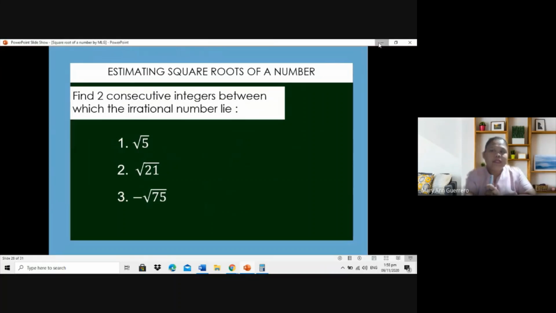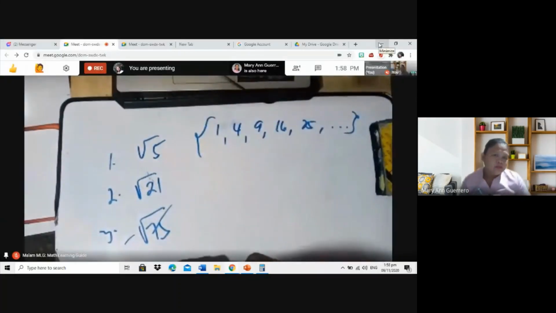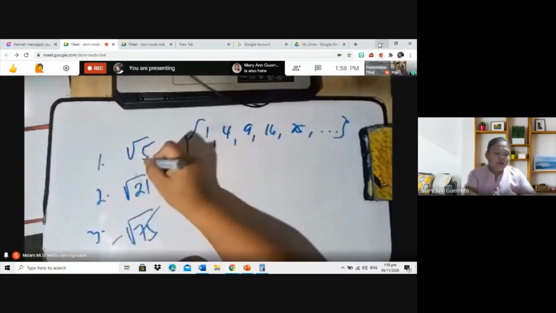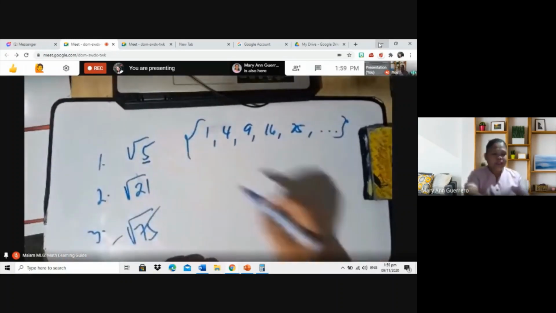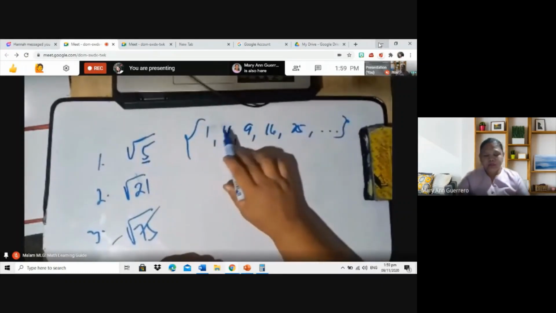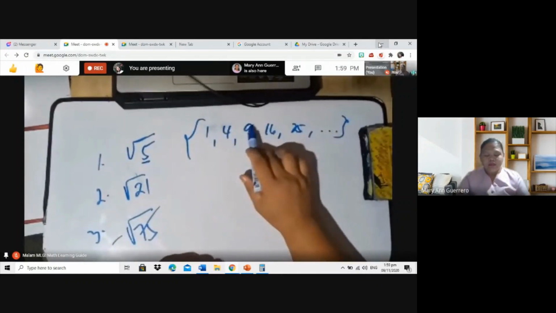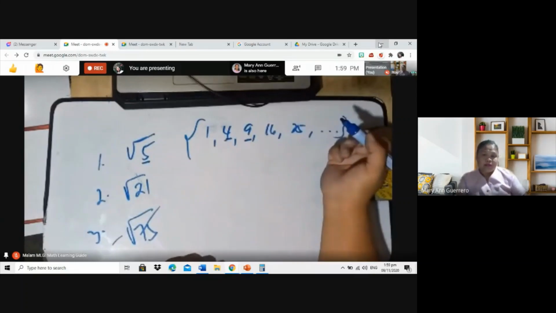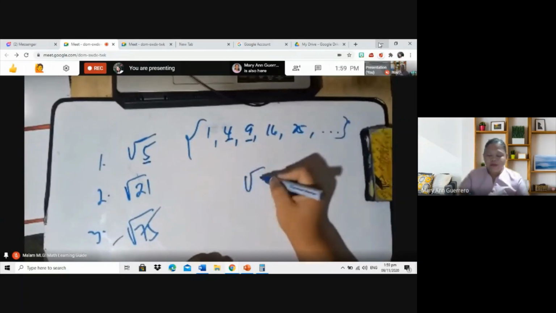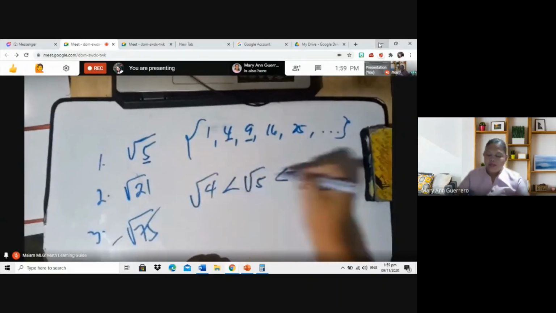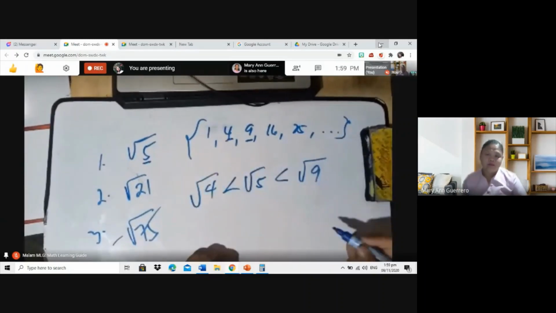Okay, so let's discuss how to find the two consecutive integers. 5. Tingnan nyo lang yung nasa loob ng radical sign natin. 5. So, nasaan kaya dito si 5? Okay? So, 5, nandito siya in between 4 and 9. Okay? So, square root of 5 is between square root of 4 and square root of 9. Okay?